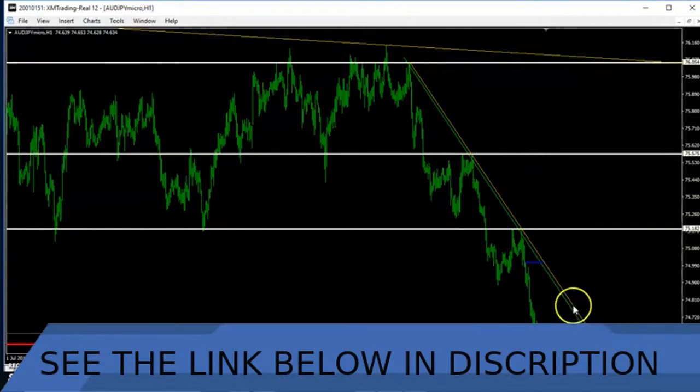So what effort that we have right now, that doesn't matter, because the trendline is going down.